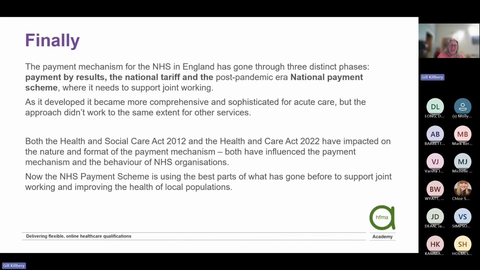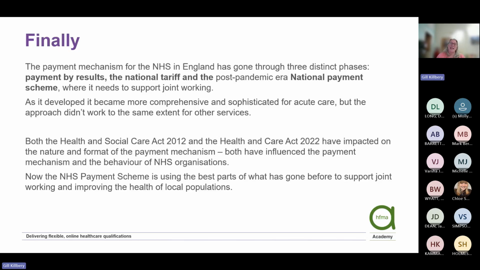And how we get paid for something impacts our behaviour when we're providing NHS services. It's bound to. We need money to operate our hospitals, our community centres, pay our staff. It's only natural to want the most money possible to deliver the best quality in what we do.